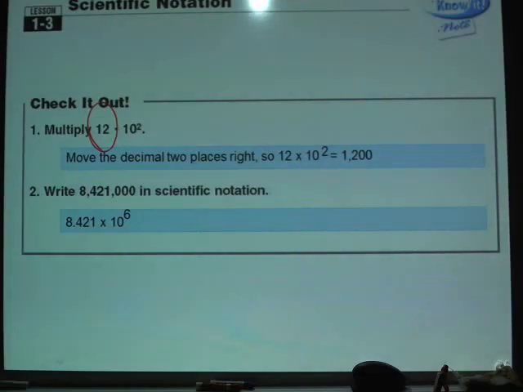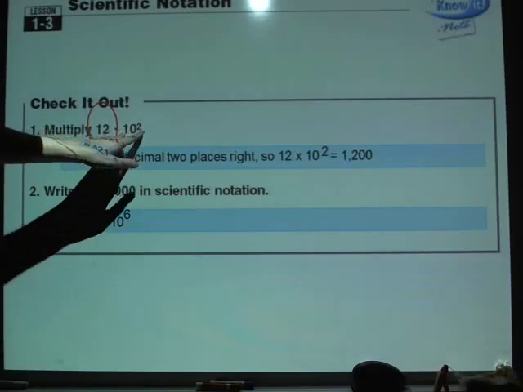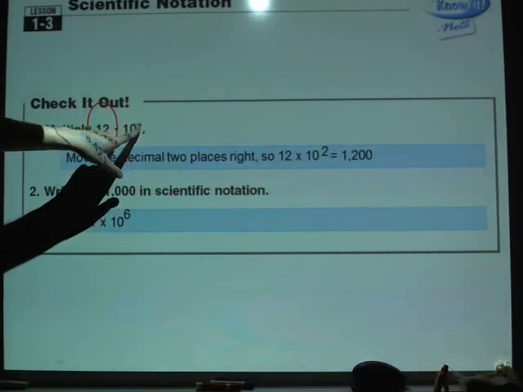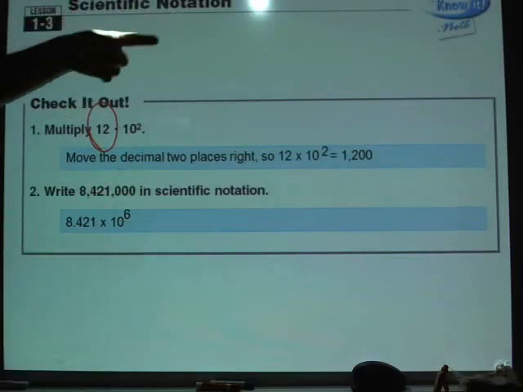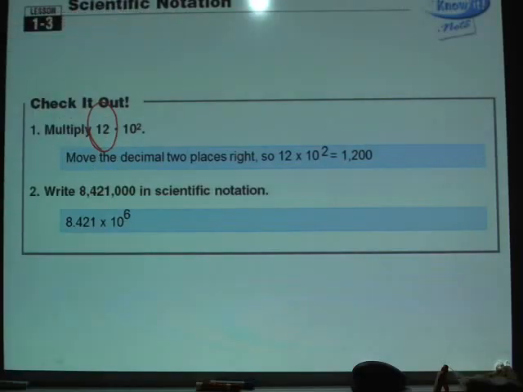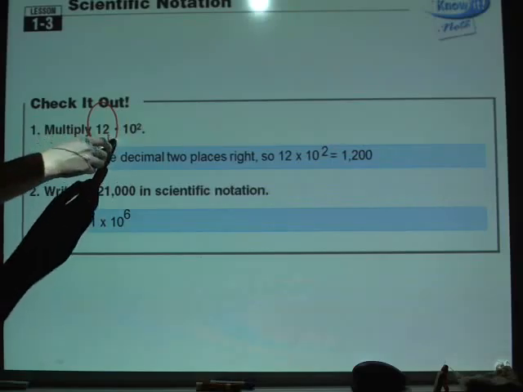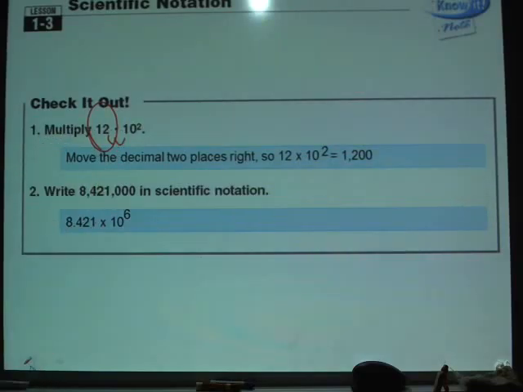So it would actually have to be 1.2 if we were talking about proper scientific notation. But the rules of scientific notation we can still apply to this question. We look at the power and it says 10 to the second. Since the exponent is 2, we're going to kick the decimal 2 times to the right. So in 12, move the decimal 2 times to the right, and that's 1200, which is what you see illustrated on the screen.